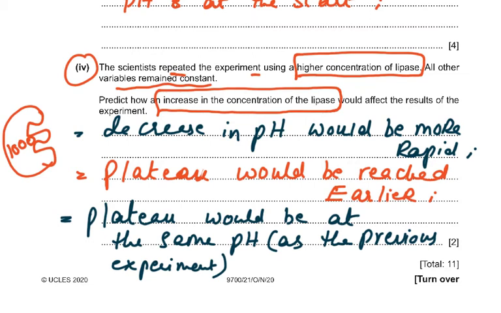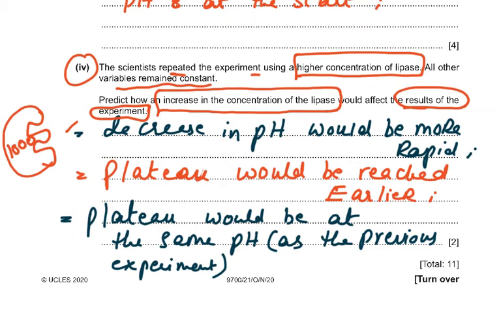So decrease in pH would be more rapid, because it said predict how it would affect the results of the experiment. Now this is where you would go wrong. Decrease in pH would be more rapid. Plateau would be reached earlier, and plateau would be at the same pH as the previous experiment. Naturally, first you had 100 active sites and now you have 1,000 active sites, so everything's going to be very fast.